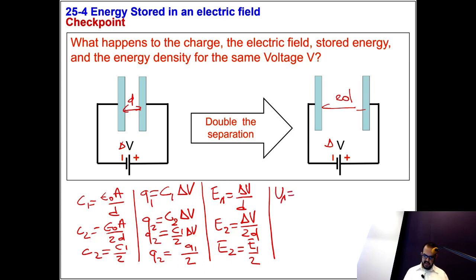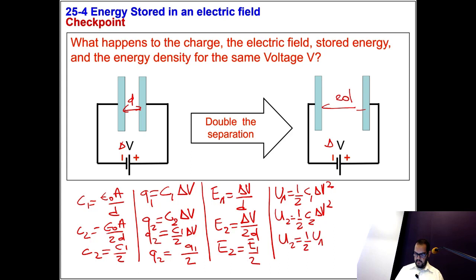How about the stored energy, U1? Since I have delta V and I have C, I will use 1/2 C delta V squared. So U1 is 1/2 C1 delta V squared. U2 is 1/2 C2 delta V squared, because the delta V's are the same, so that's simple. C2 is 1/2 of C1, so U2 is 1/2 of U1. So in this case, the electric potential energy stored is half.